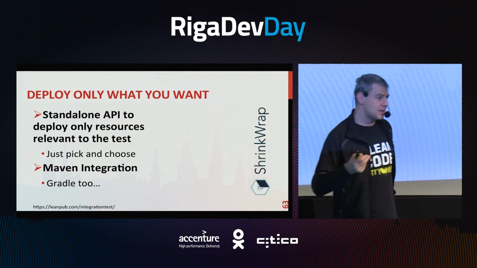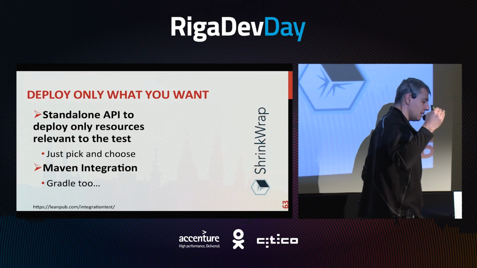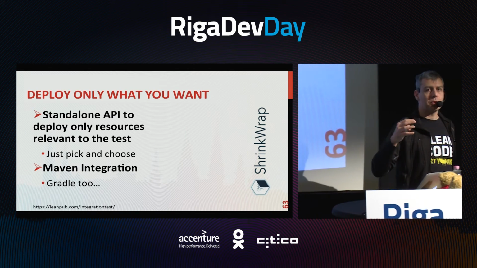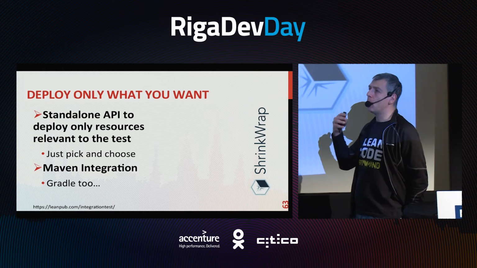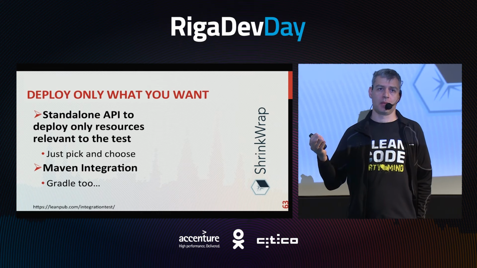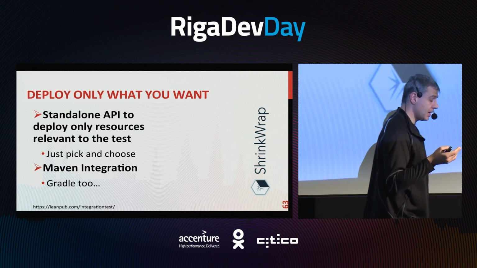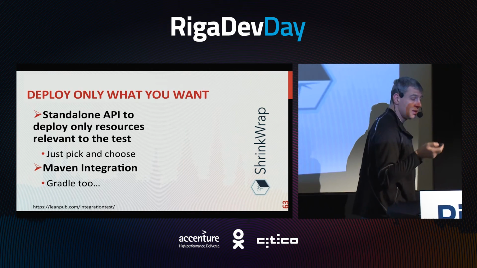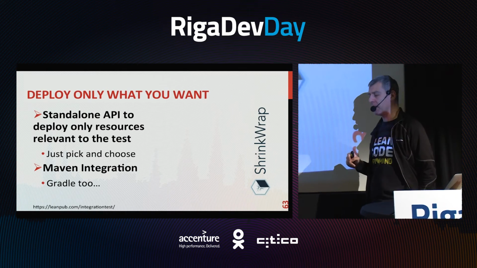And this Shrinkwrap has an API that lets you assemble the jar, the war, the EAR that you want using a simple DSL. So this is quite great. And it has Maven integration, and Gradle too, but I shouldn't say it too loud.